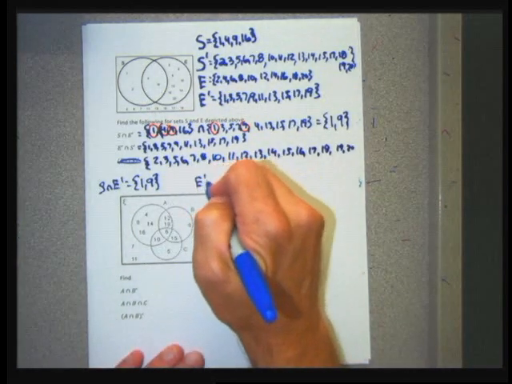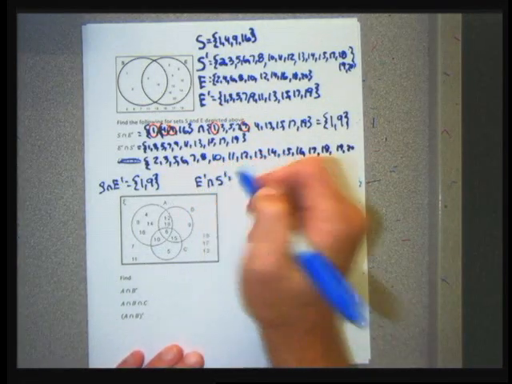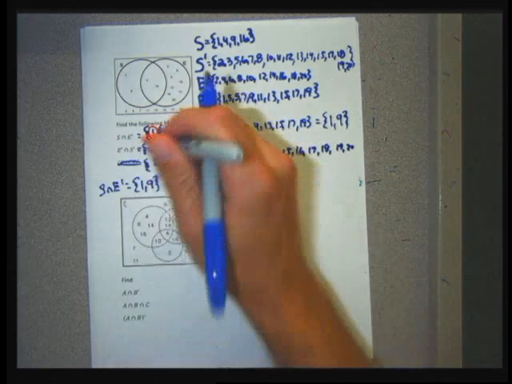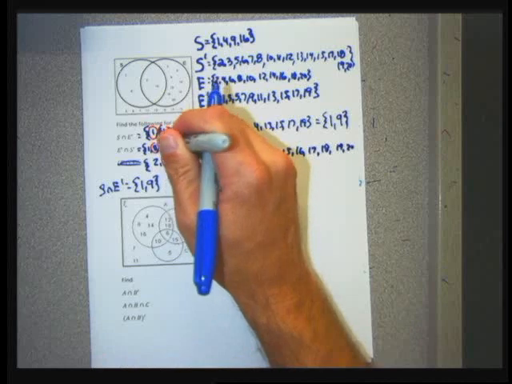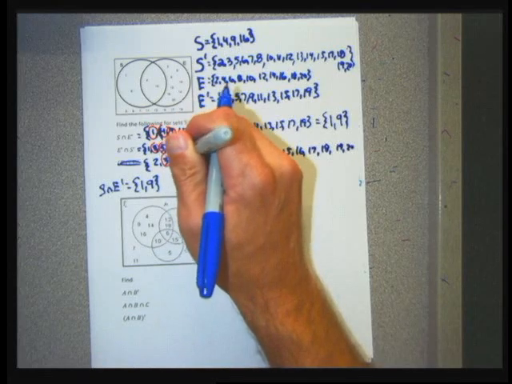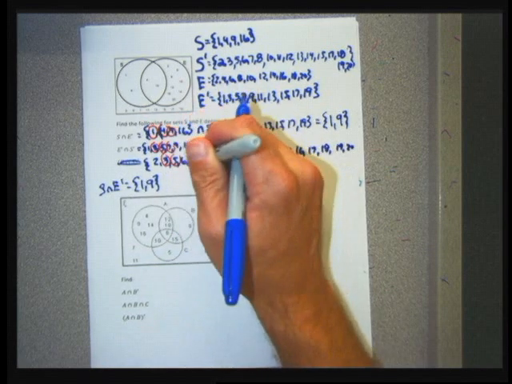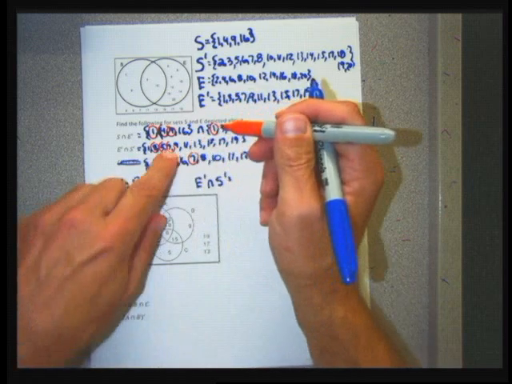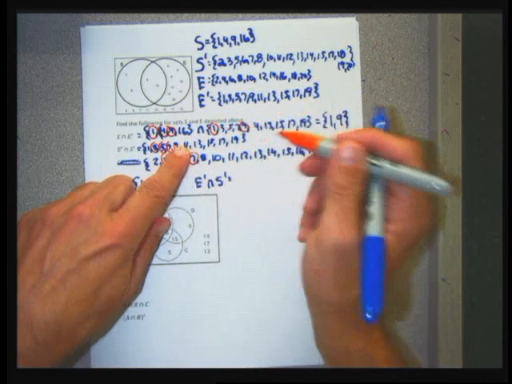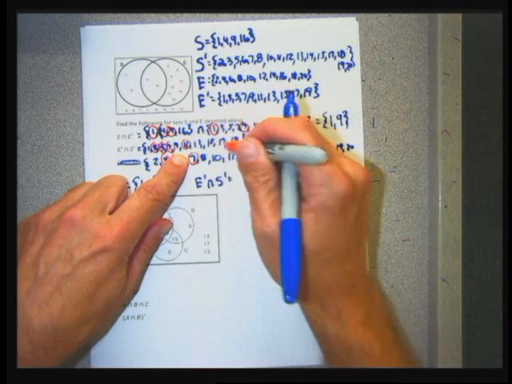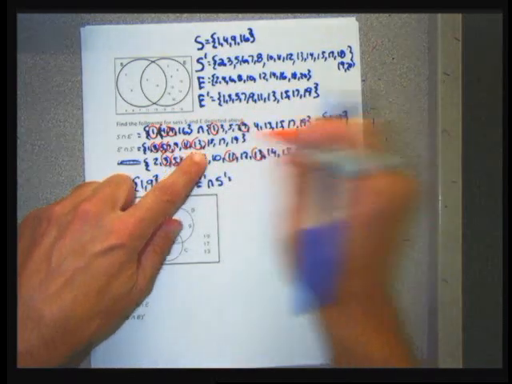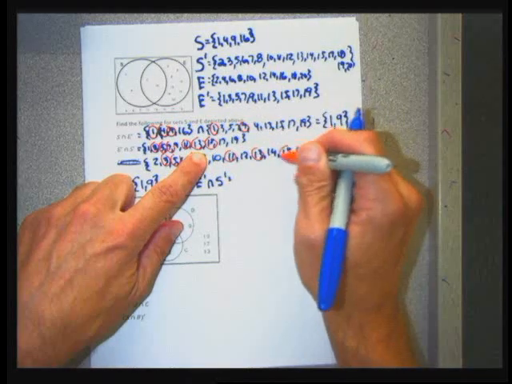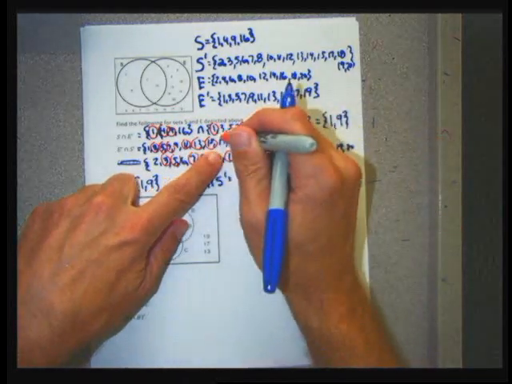So I'm going to write my answer. E prime intersection S prime equals, and what do they have in common? I see a 3 here and a 3 there, a 5 and a 5, a 7 and a 7. I see a 9 there but not a 9 there. 11 I see, a 13 in both. I see a 15 in both. I see a 17 and a 19 in both.